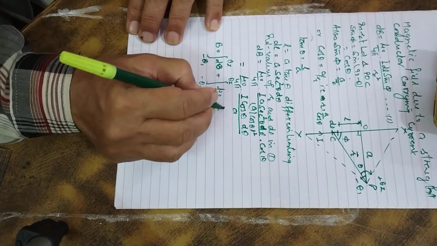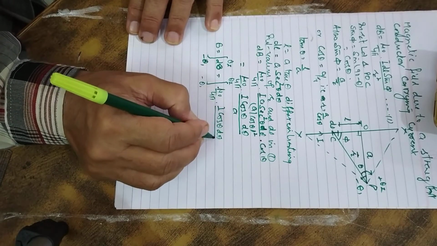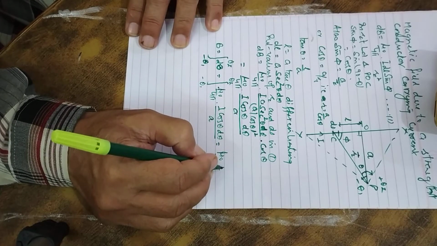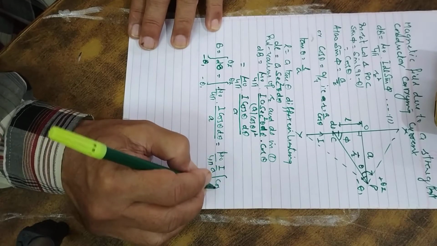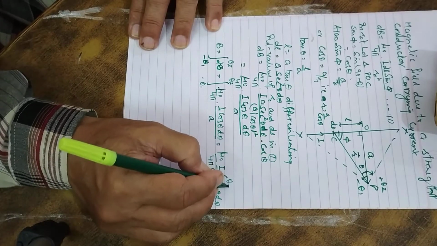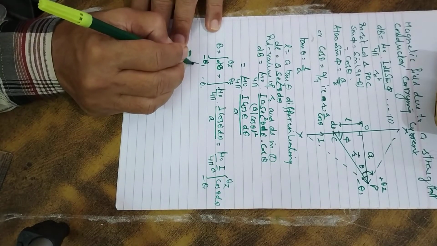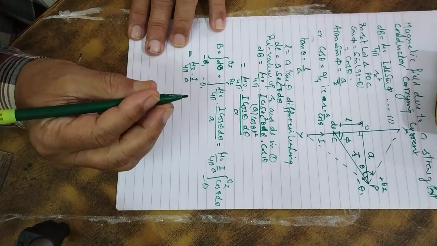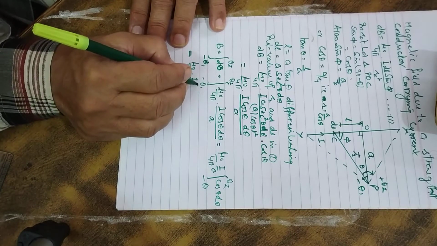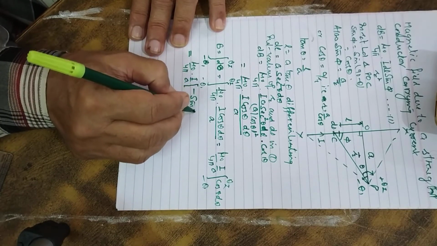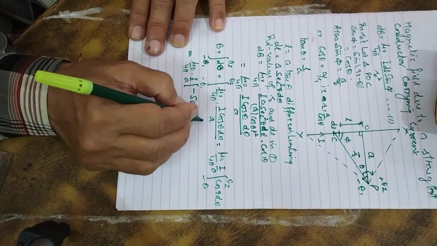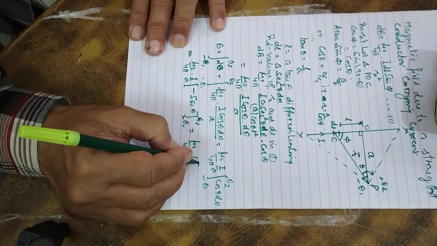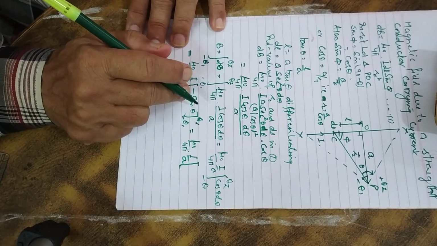B is equal to integration of mu0 upon 4 pi, I cos theta d theta upon A, which is equal to mu0 upon 4 pi, I upon A, integration of cos theta d theta from minus theta 1 to theta 2.